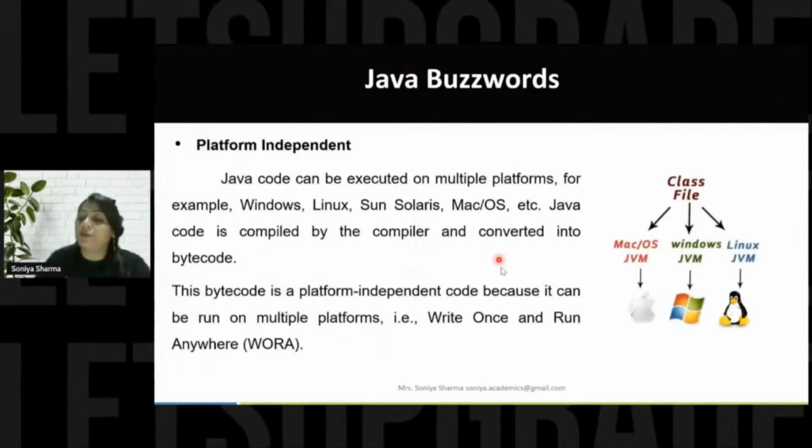It is platform independent, which means it will run in the same manner on various platforms and operating systems. For example, Windows, Linux, Sun, Mac OS, you take any operating system, it will be executed in the same way.